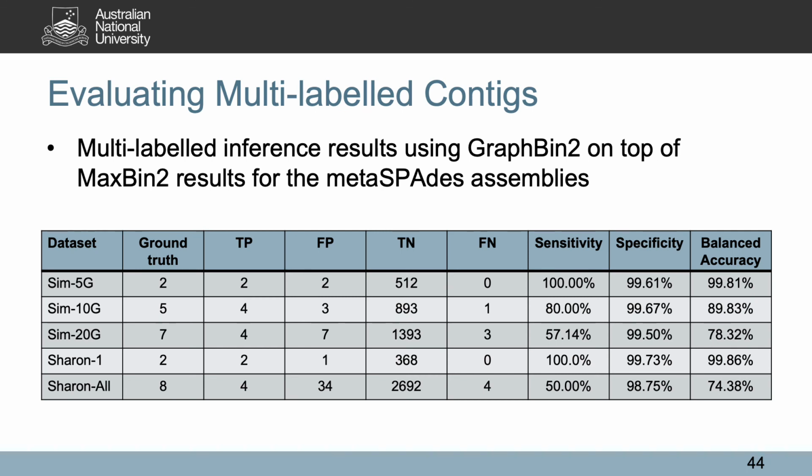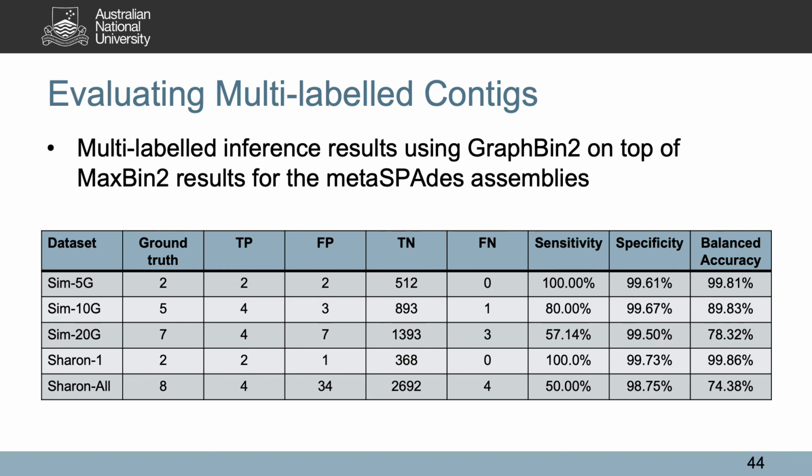We evaluated the performance of GraphBin2 with its multi-labeled inferencing capabilities. The results shown here are based on the MaxBin2 results for the metaSPAdes assemblies. For the evaluation, we use the criteria sensitivity, specificity, and balanced accuracy. We use the balanced accuracy because the datasets are imbalanced.